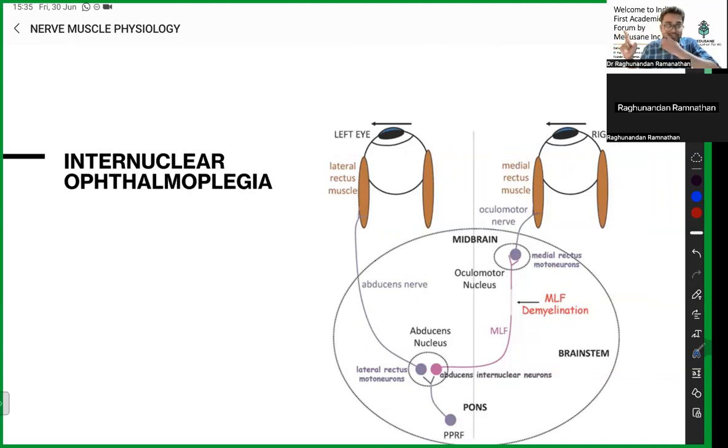If I want to look to the left side, my left eye should look laterally and my right eye should move medially. That means the left eye's lateral rectus muscle must be acting, and the right eye's medial rectus muscle has to act. So this should be the actual thing.